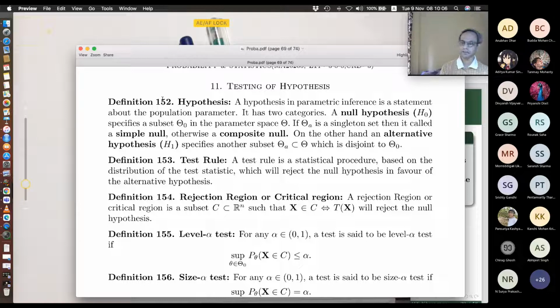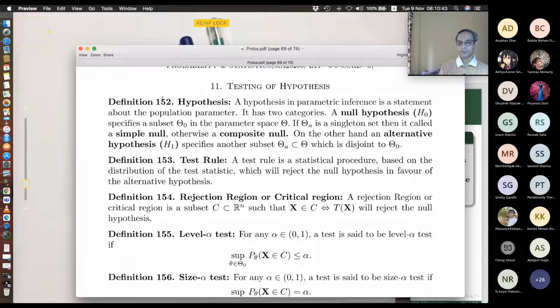It may be singleton, it may not be singleton. And it is not a necessary requirement that their union will be the whole parameter space. The necessary requirement is that the set specified by the null hypothesis and the set specified by the alternative hypothesis should be disjoint.